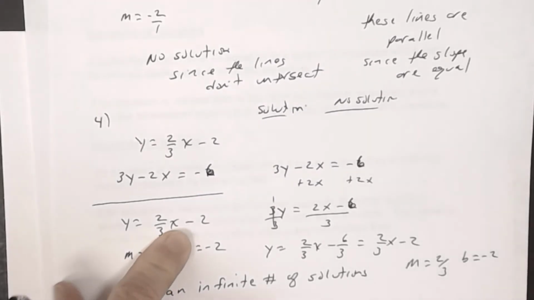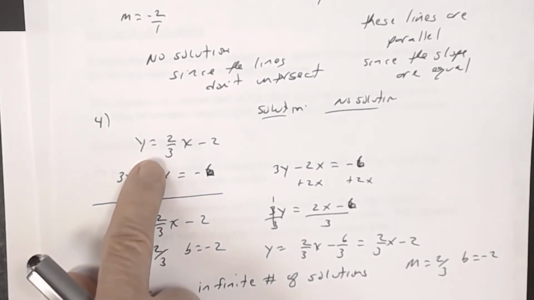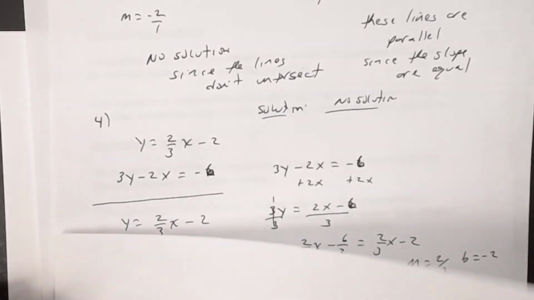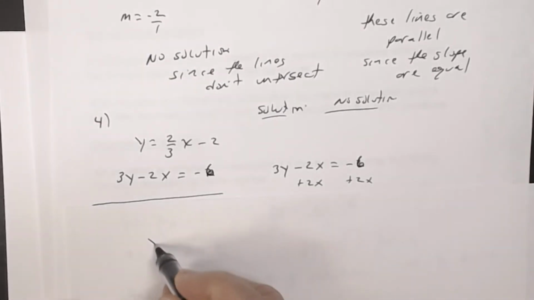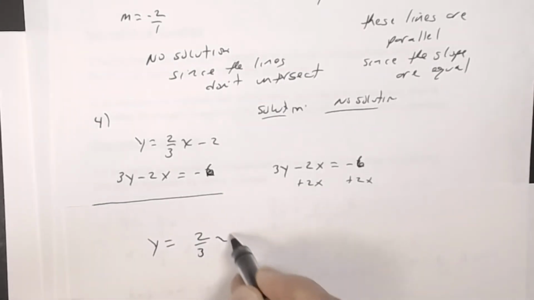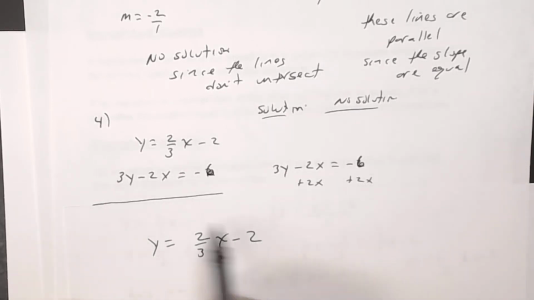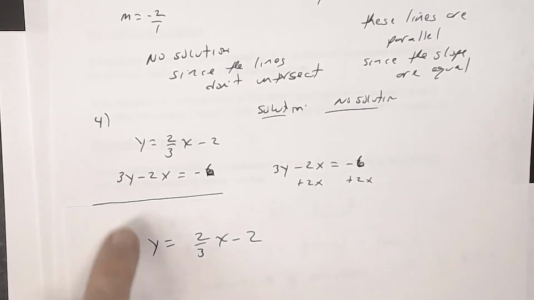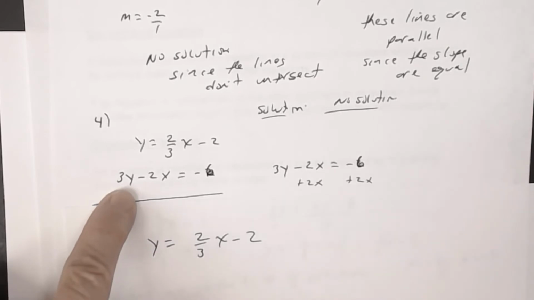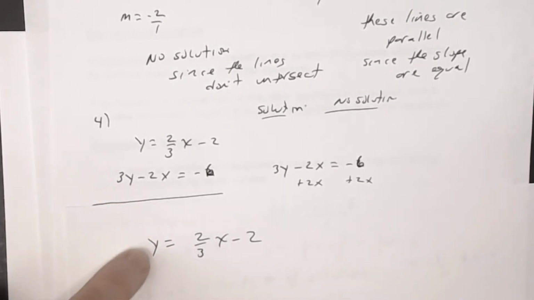If I take that first equation, y equals 2/3 x minus 2, can I multiply both sides of this equation by some number and get the other equation? Some of you may say yes, some of you may say no. Well, let's think about this. What is the coefficient of y here? The coefficient of y in the other equation is 3, right? This is what coefficient? 1.